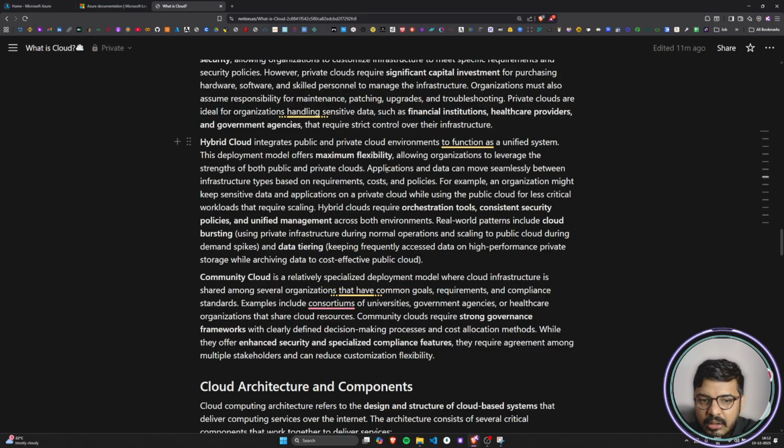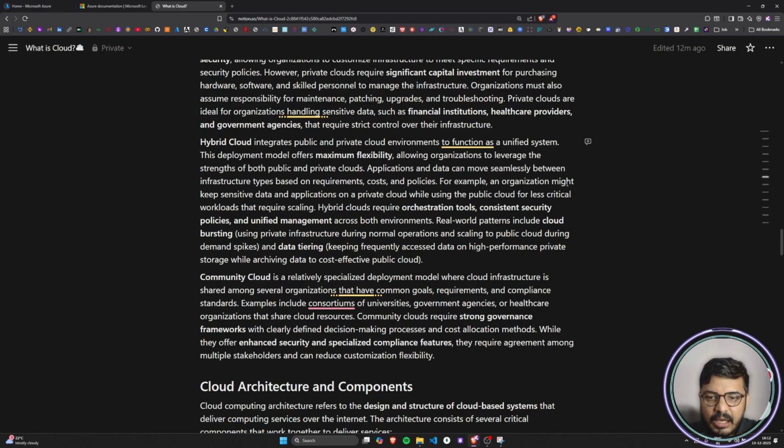Applications and data can move seamlessly between infrastructure types based on requirement, cost, and policies. So based on the requirement, cost, and policies, we can seamlessly decide whether to host something on a private cloud or on a public cloud.